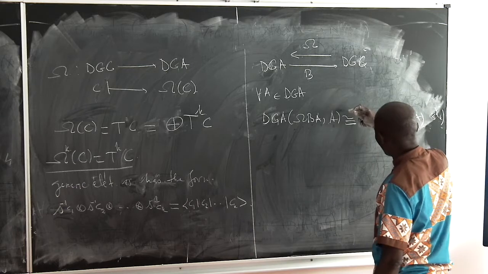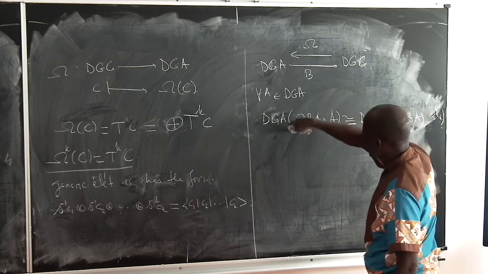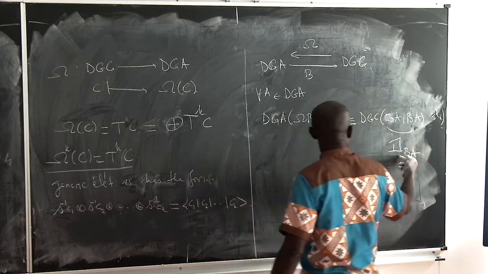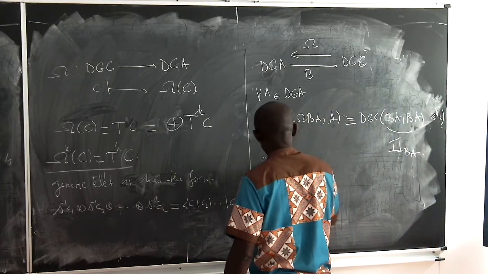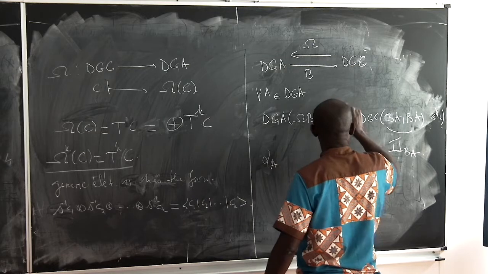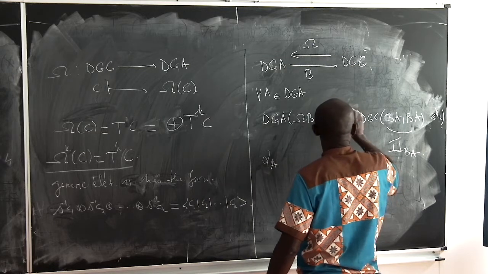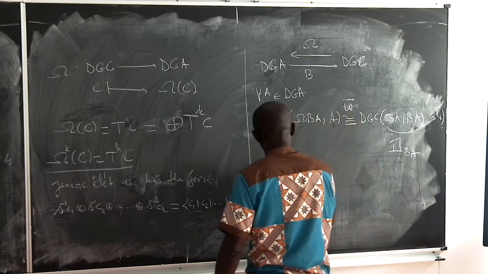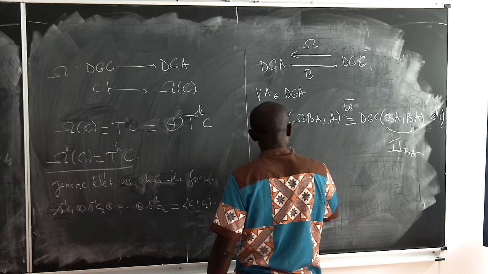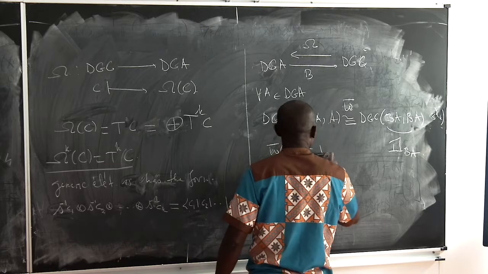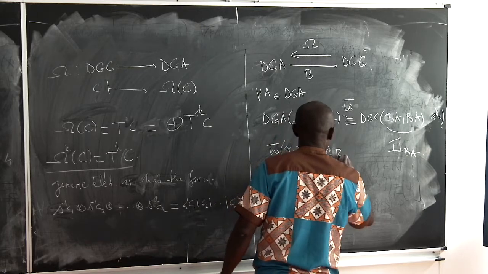Okay. So remark that here we have the identity map, the identity of BA. Through this bijection, there is a map here which is the correspondence of this map. Let us call it alpha_A. If I denote this bijection by omega bar, then omega bar of alpha_A is equal to the identity of BA.